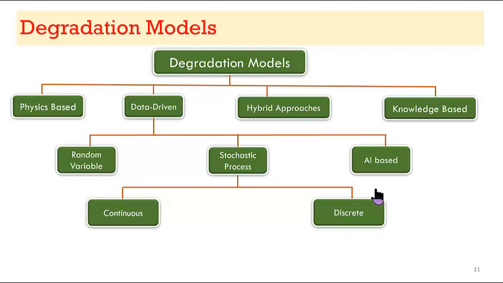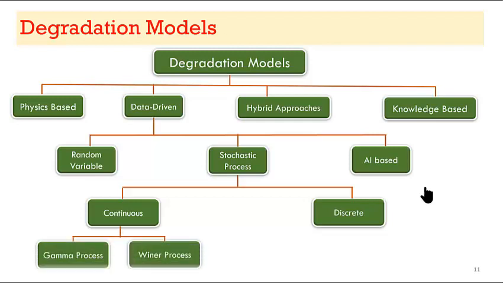Either you can have a continuous degradation model, or you can have a discrete degradation model. In the case of a discrete degradation model, you divide the degradation into different states. For example, the Markov chain process, Markov process, or hidden Markov process are examples of a discrete degradation model.